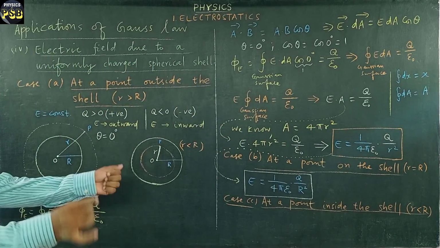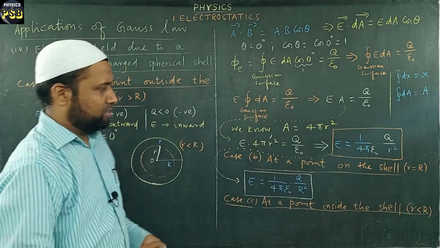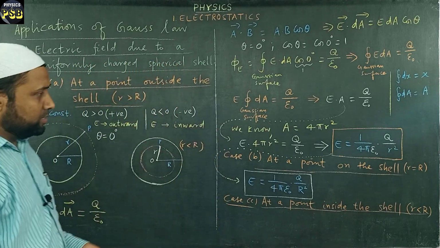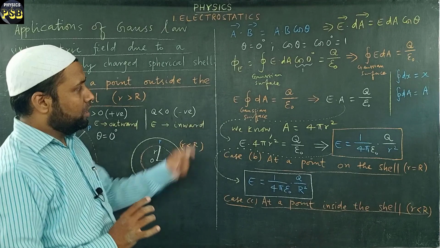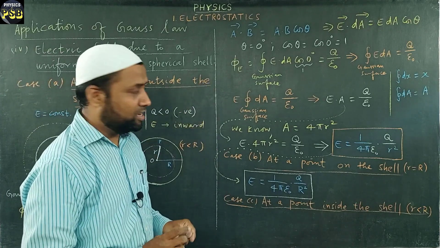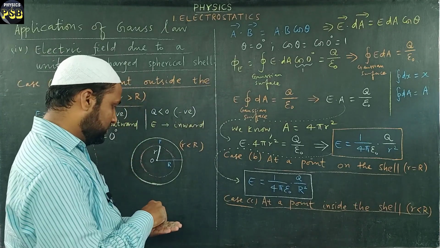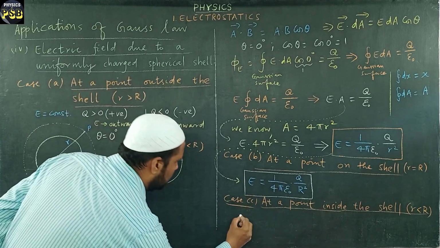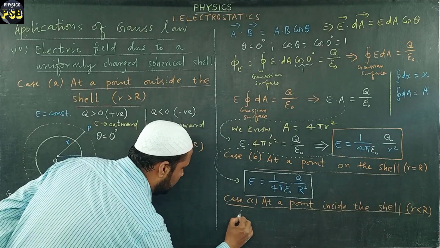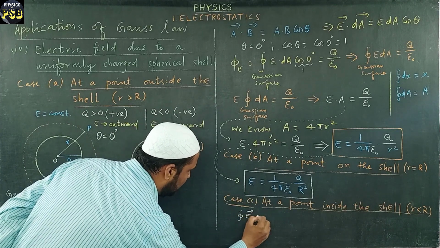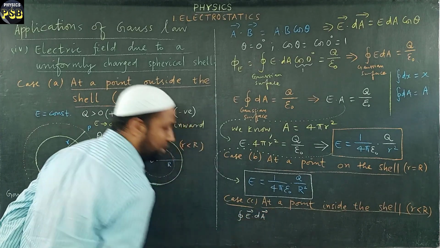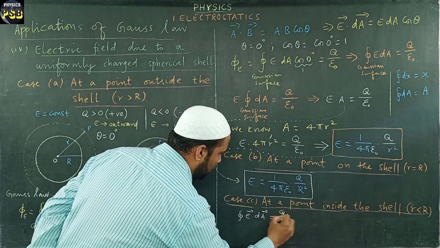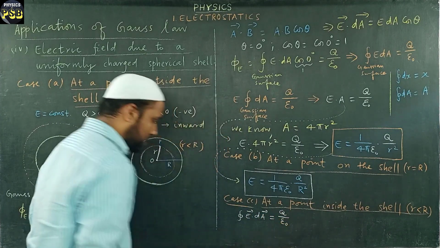Now, let's see what are the changes that I am going to make here. In this case, I will follow the same method. I will take Gauss law. This Gauss law is this: closed integral of E vector dot dA vector equals Q upon epsilon naught.